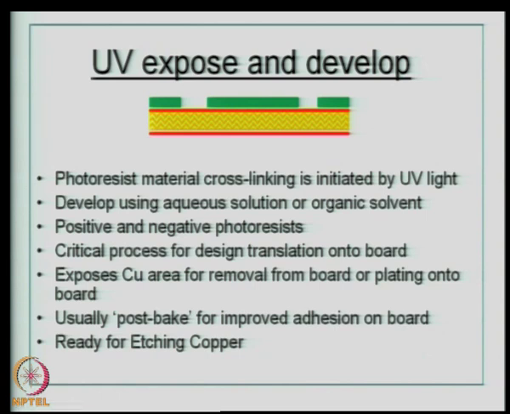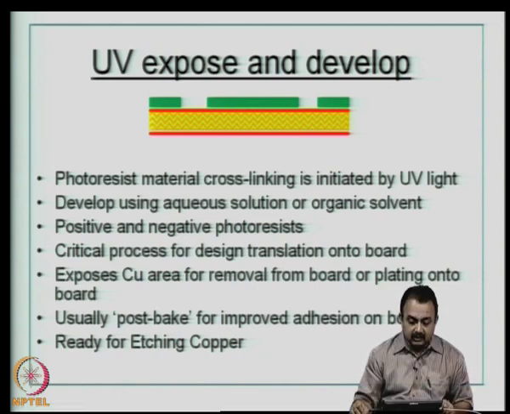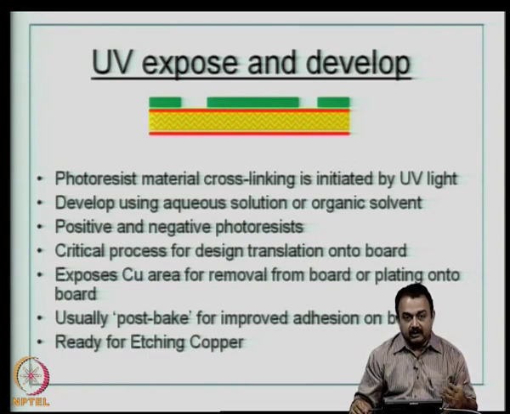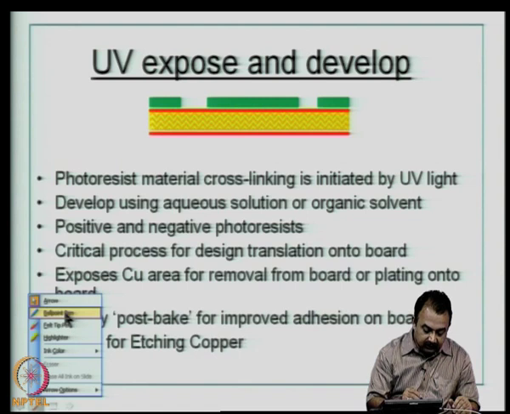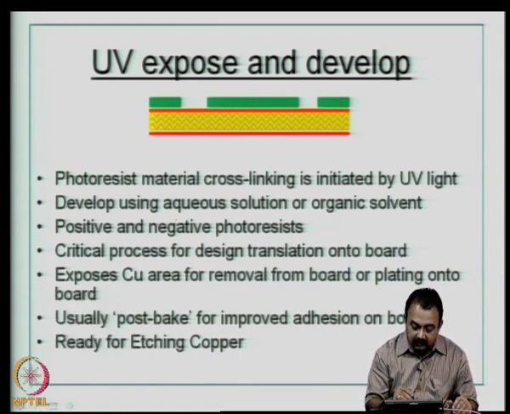So, what is this UV expose and develop process? How is it part of this photolithography? Now, you can see here the photoresist material that we are using, whether it is a dry film or a wet film, there is a cross linking when it is initiated by UV light. That is what happens when you expose it to UV light. And next step is developing using aqueous solution or organic solvent, but today we are definitely moving out of organic solvents.